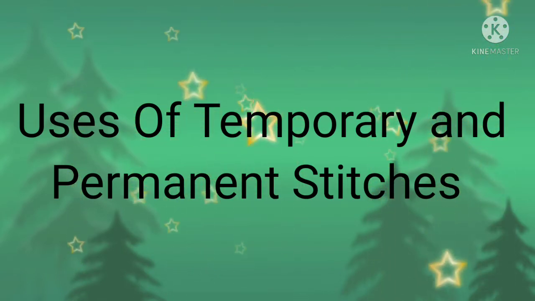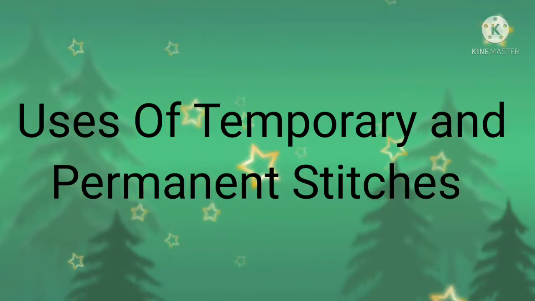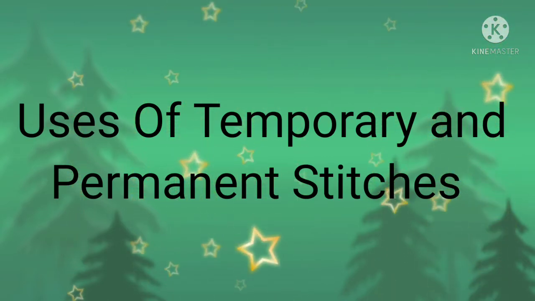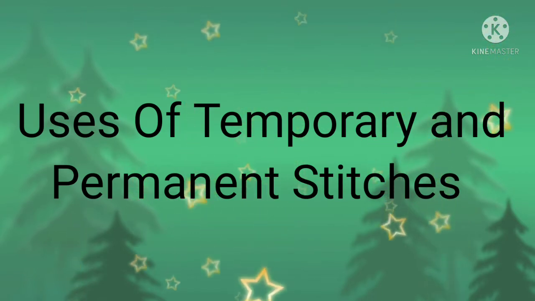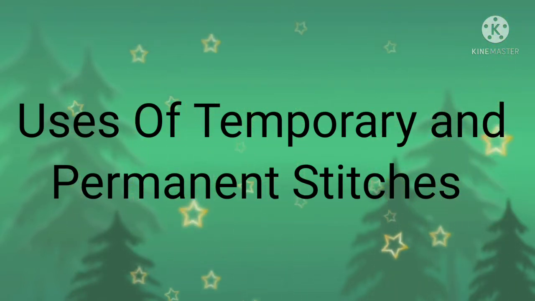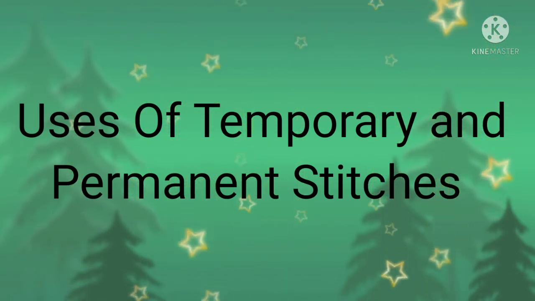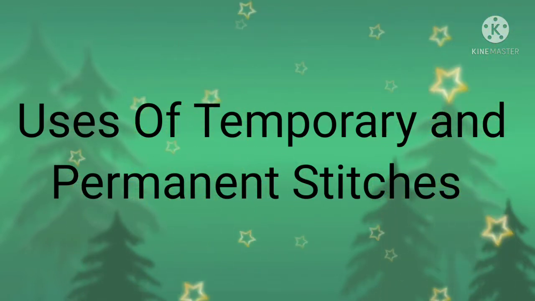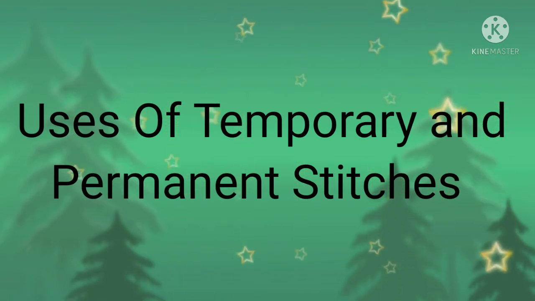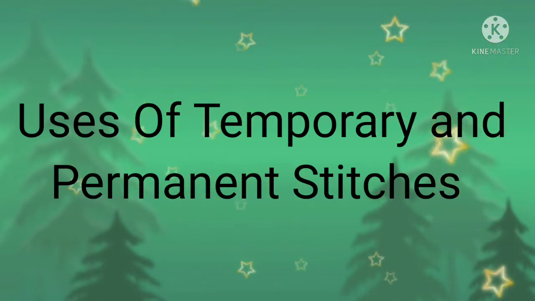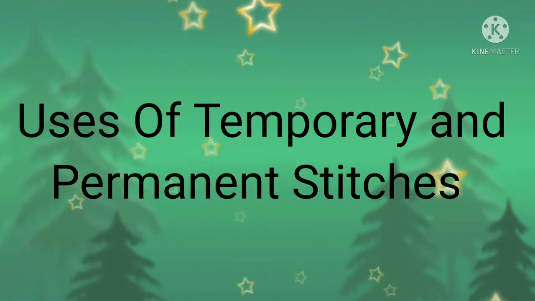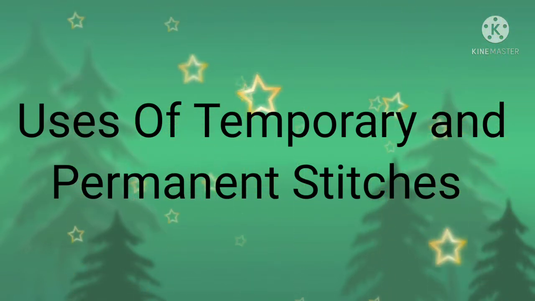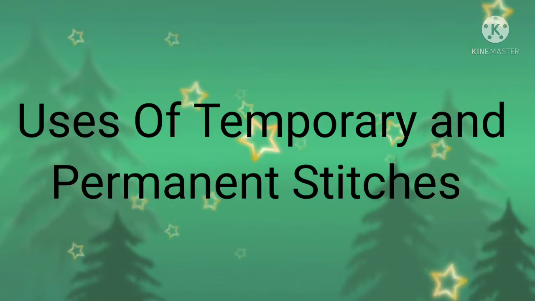You will also be learning about decorative stitches, as you will be seeing pictures of some examples. But let me quickly refresh your memory on what temporary and permanent stitches are. Do not forget that in the last lesson we said that temporary stitches are used to hold pieces of cloth in position while permanent stitches are made.